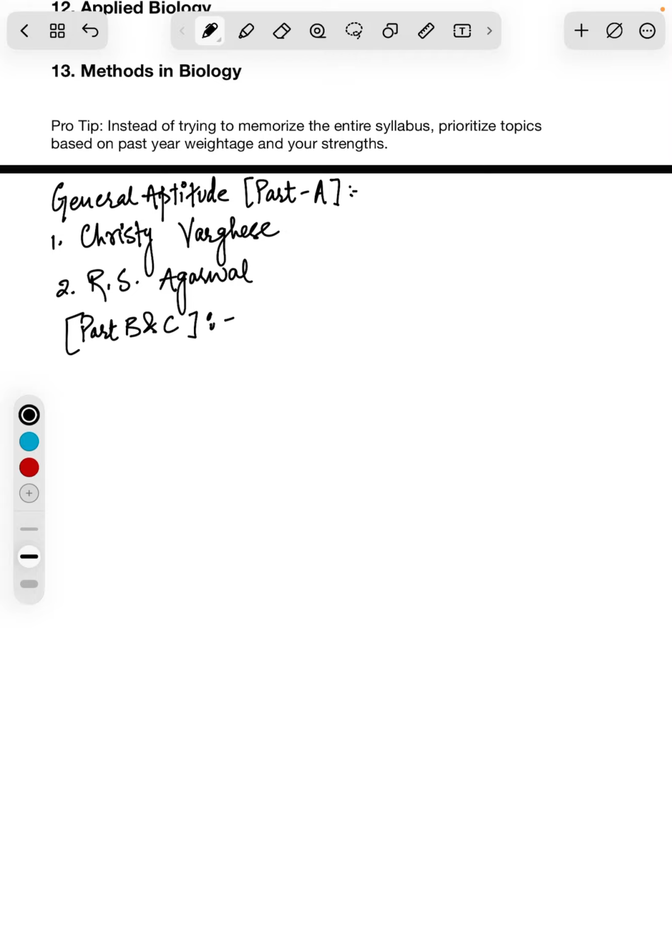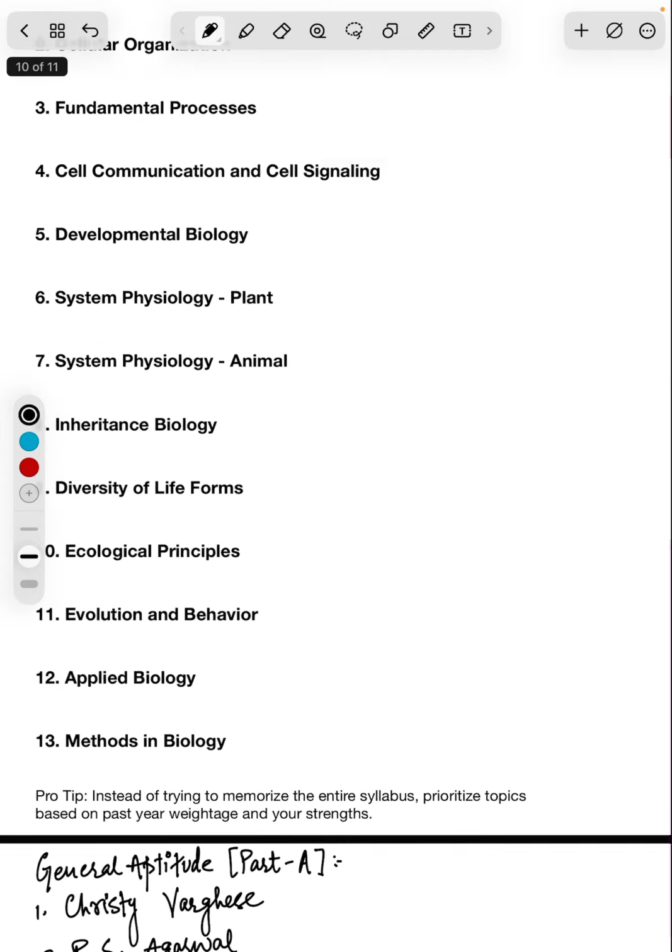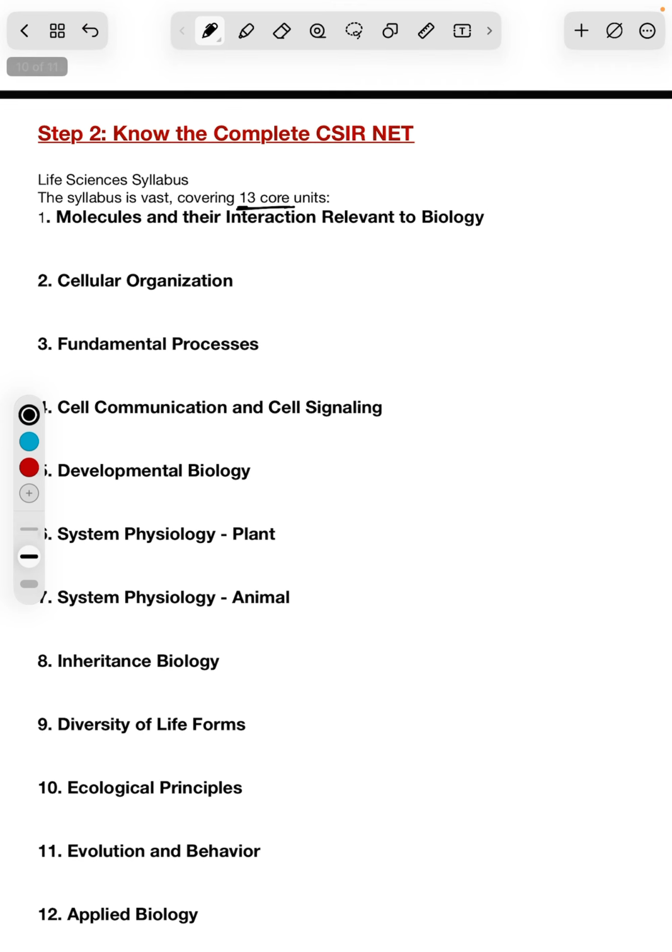For the molecular biology of the cell, here are all the topics for molecular biology. You can go through Albert's.